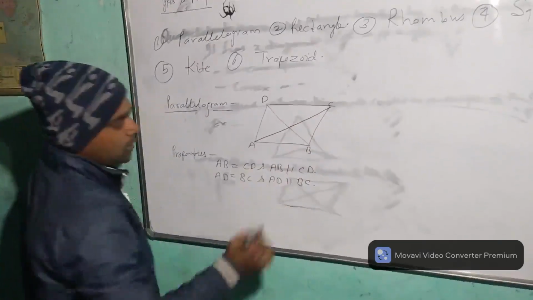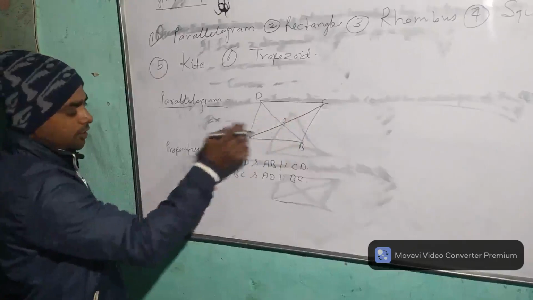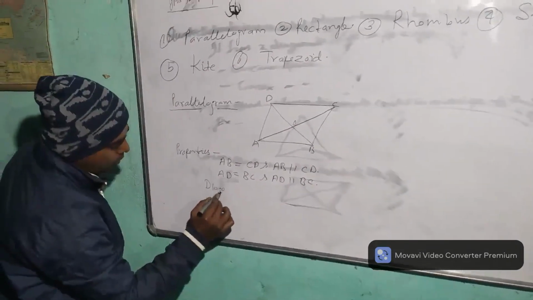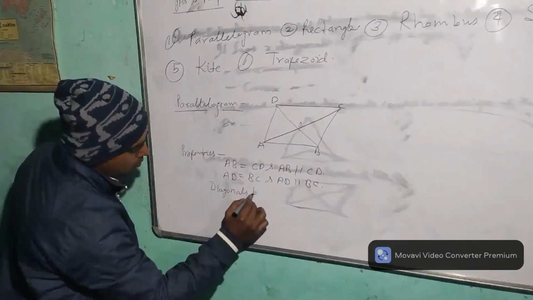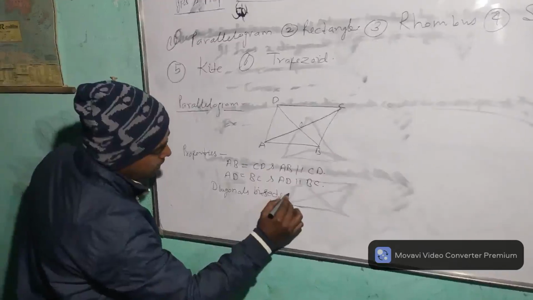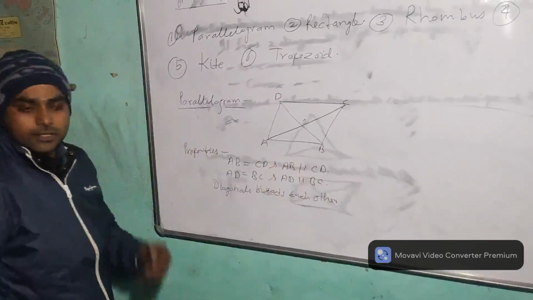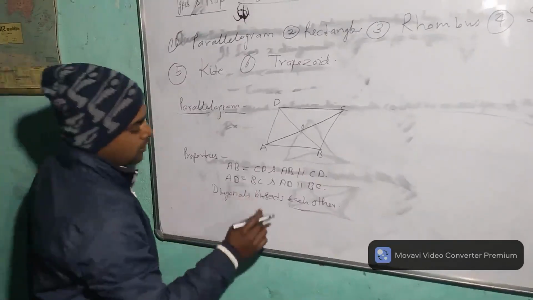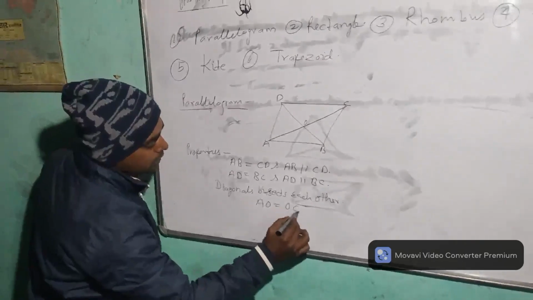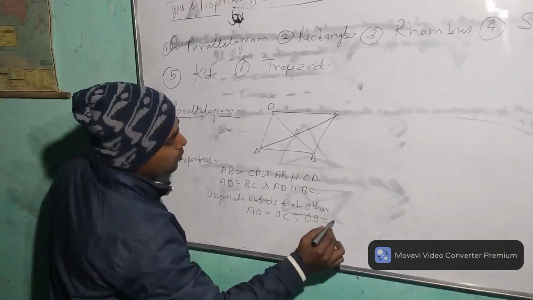It has two diagonals which bisect each other. That is, AO is equal to OC and OB is equal to OD.